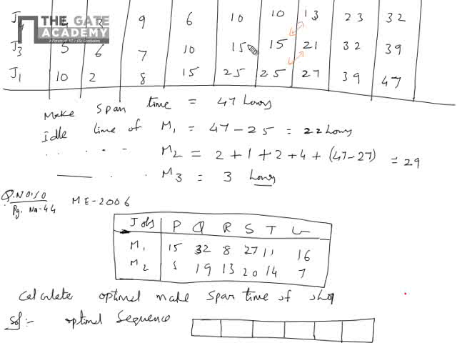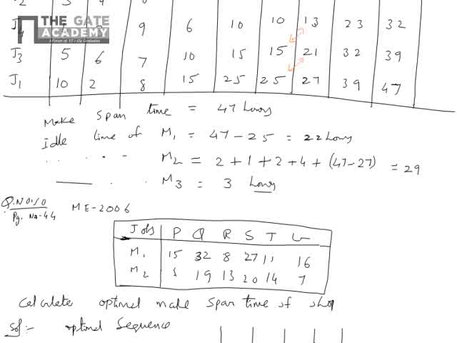Once we get the optimal sequence, the machining time calculation we know how to do, so we don't need to worry about that. First objective is to get the sequence.